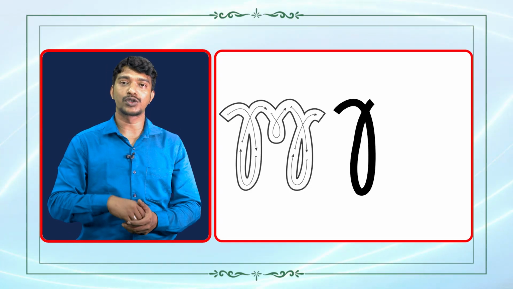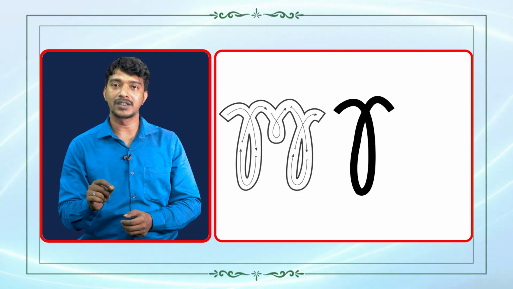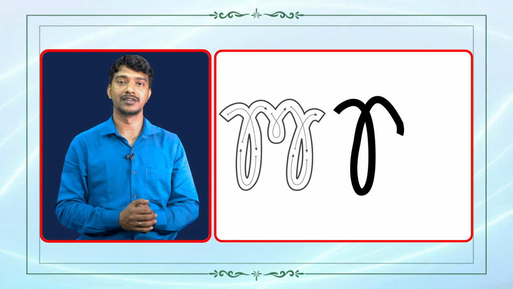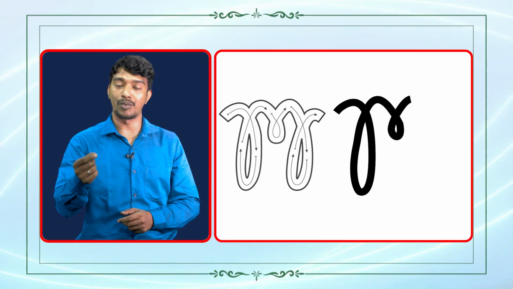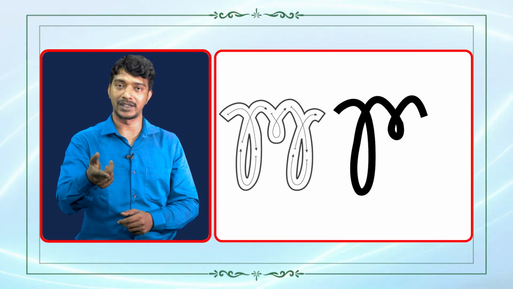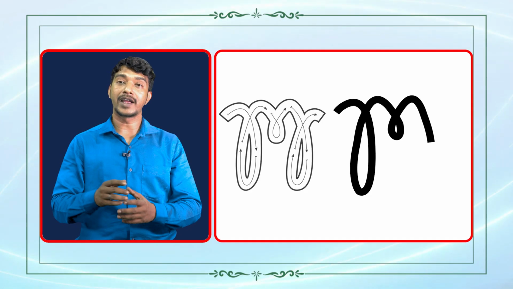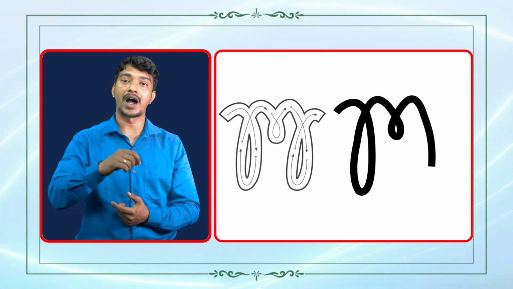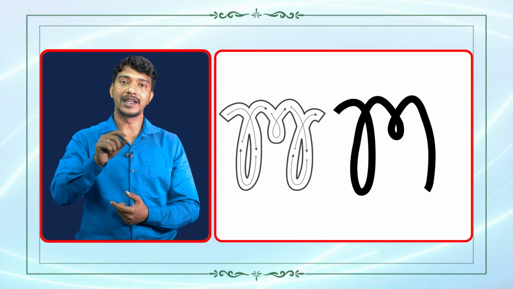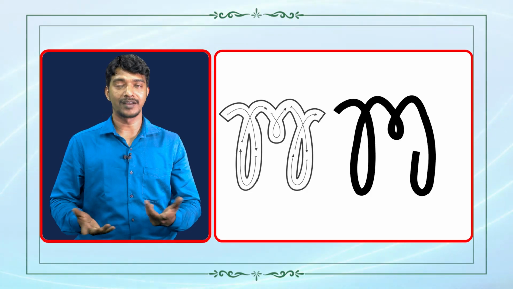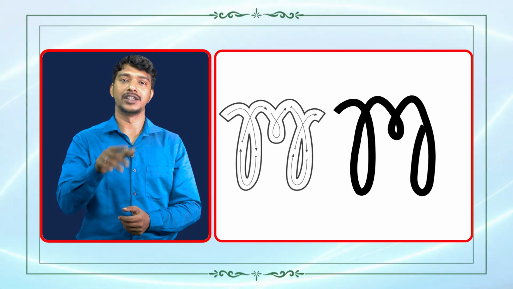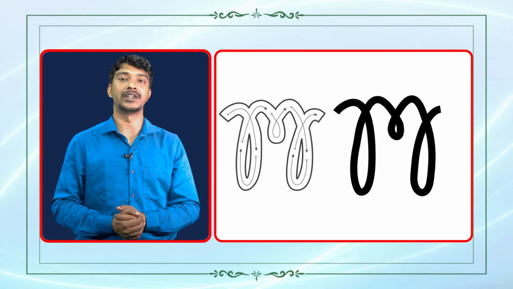Then draw a small curve downwards to the right and turn from there, draw a small curve upwards from left to right. And again draw a curve like the first one and end on the right top without any break. Okay? In this way, you can practice writing Ud perfectly.